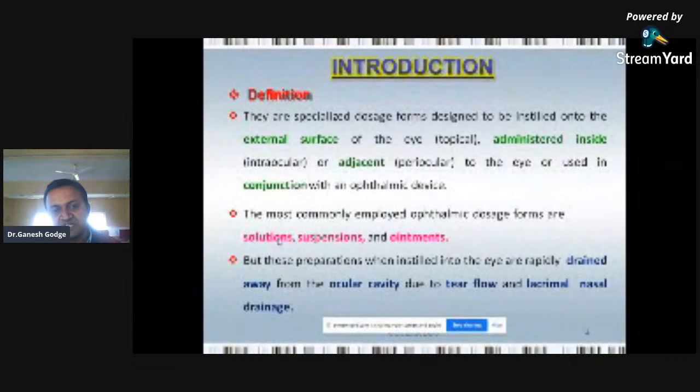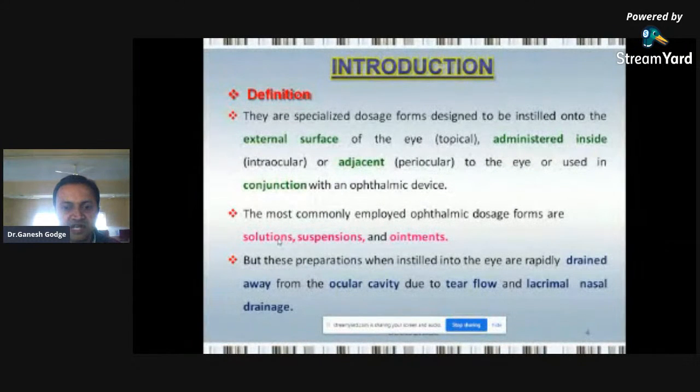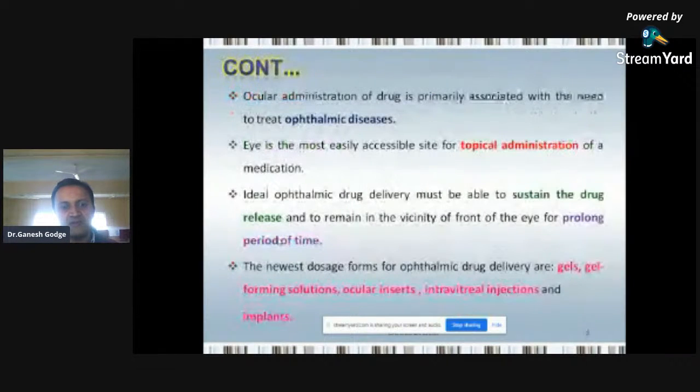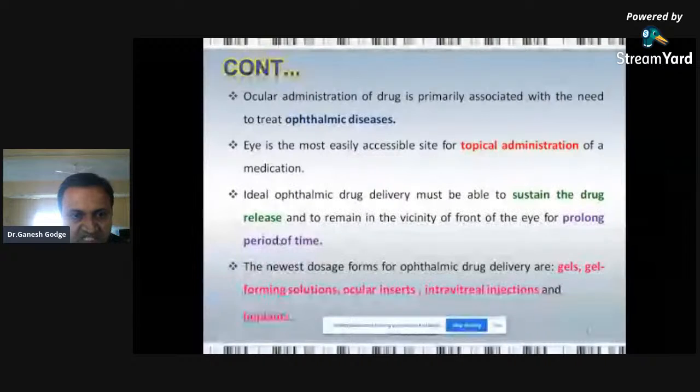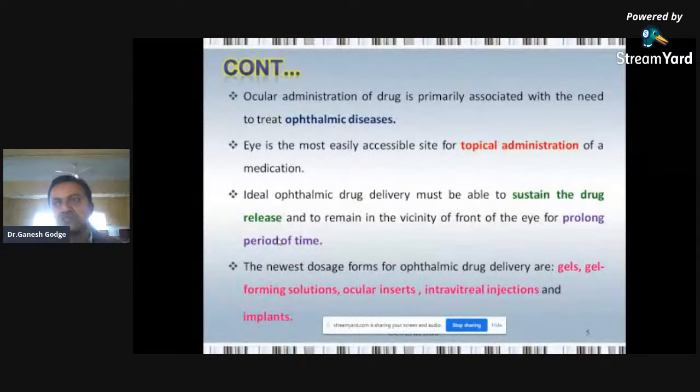In case of suspension, the same is the concern, and in case of ointments, the problem is matted eyelids, or eyelids sticking to each other because of high viscosity, and blurring of vision is another concern. So the very big concern with ophthalmic formulations is that they should give sustained action. But conventional ocular drug delivery systems fail to provide such sustained action.